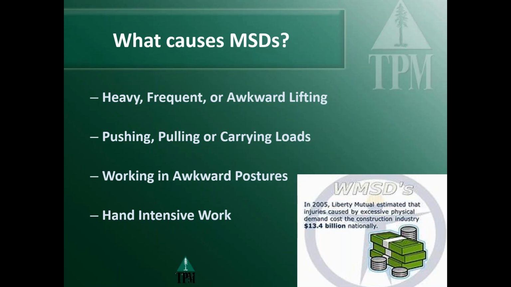But at the end of it, what causes these soft tissue injuries or musculoskeletal disorders? Heavy, frequent, or awkward lifting, pushing, pulling, or carrying loads, and working in awkward postures. In my experience, that has been a really, really big one. And then hand-intensive work, sorting, grading, things of that nature, could absolutely fall into that.